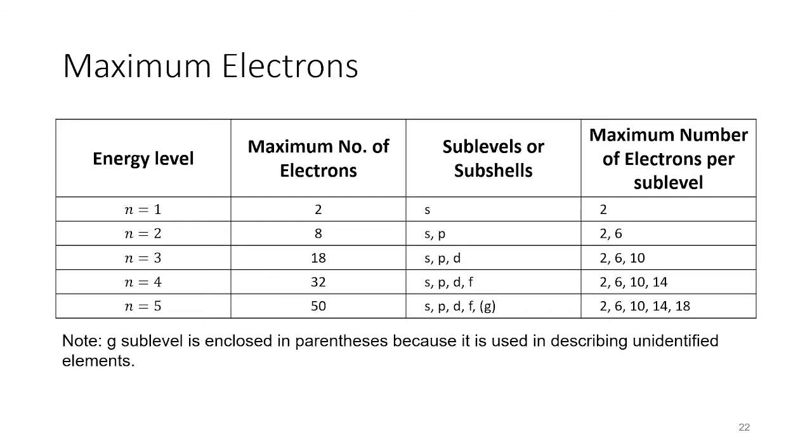The second energy level has a maximum number of electrons of 8. Tuloy-tuloy na natin. 18 for the third, 32 for the fourth, and 50 for the fifth energy level.